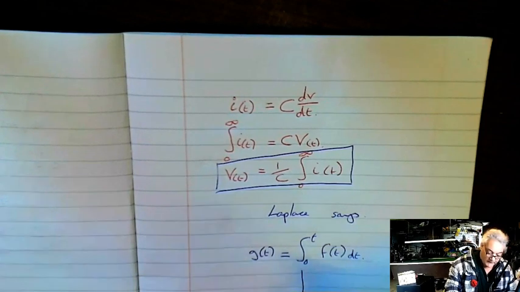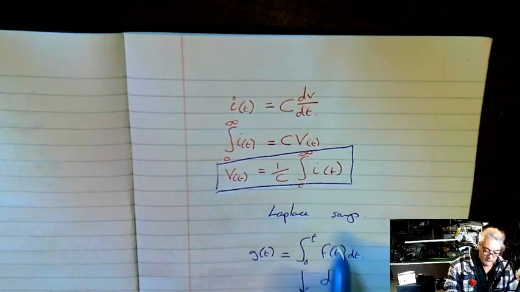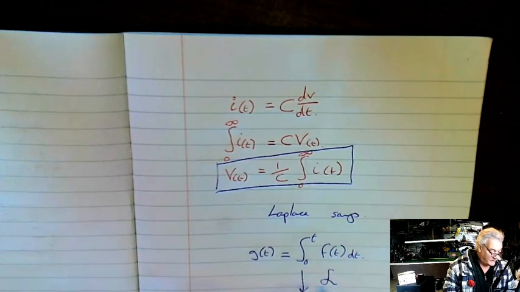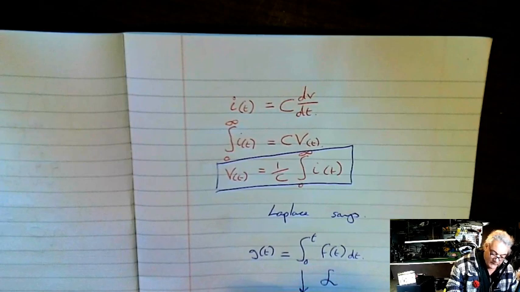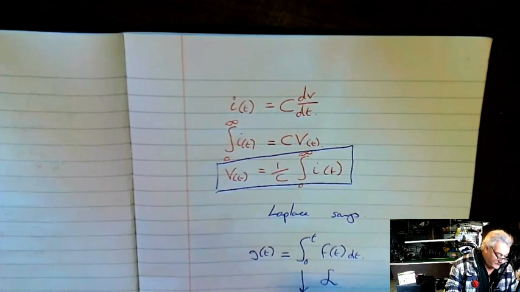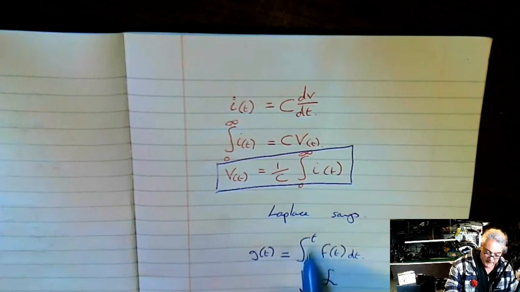And what Laplace says, the Laplace transform of this is just g of s is equal to 1 upon s f of s. So the f came from here.